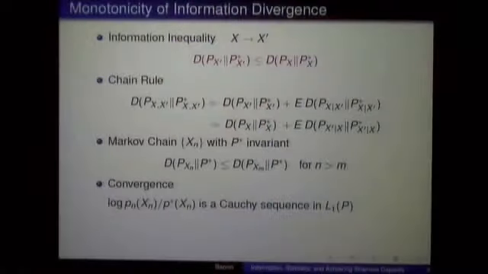If I have a pair of variables, I can expand that in either of two ways. But in my story here, we're saying that the transition rule from x to x prime is one distribution, the same either way. So one of these four terms in the two expansions is 0, right?